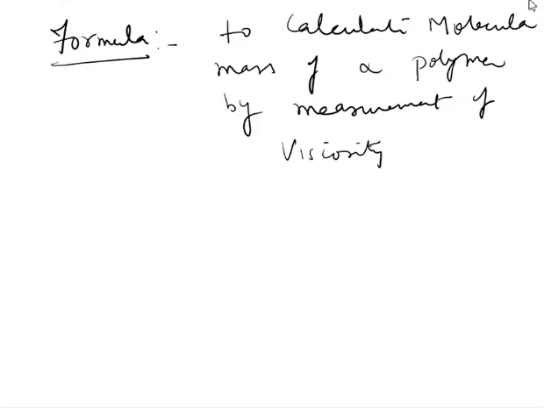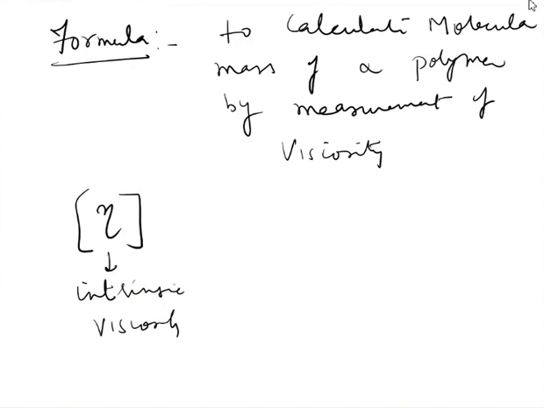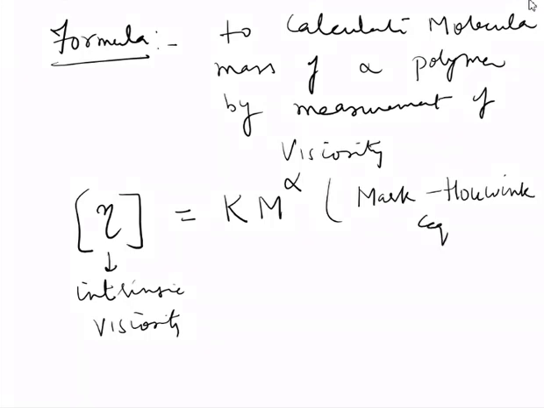So here the intrinsic viscosity. So this is basically your intrinsic viscosity, it is equal to K M^alpha. मैं बता रही हूँ क्या it is. It is known as your Mark-Houwink equation.